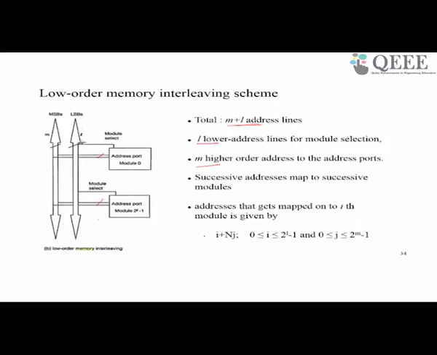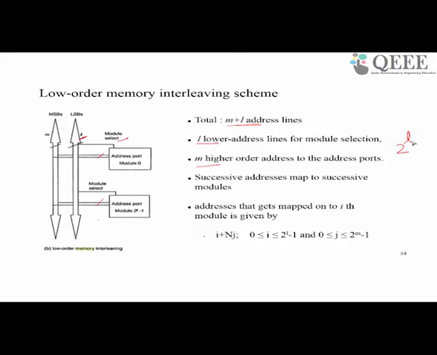The l low order lines are used through a decoding circuit to generate the module select lines, and they are used to select the different modules.